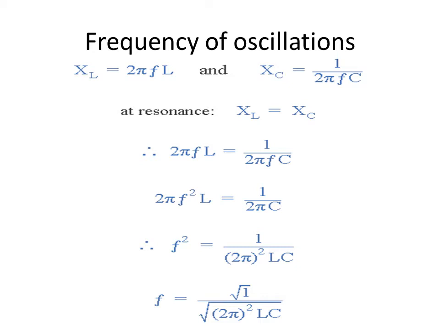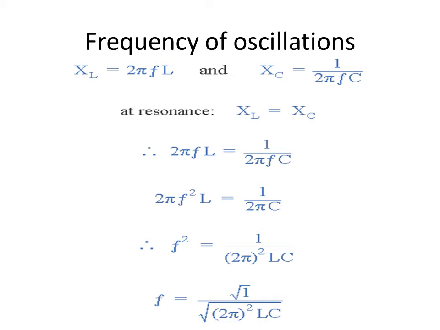When I said 1 by 2π into root of LC, the denominator has 2π and root of LC, because I have taken the whole square of 2π outside the square root sign. So your equation for frequency is quite compact and very easy to remember: f is equal to 1 by 2π root of LC.